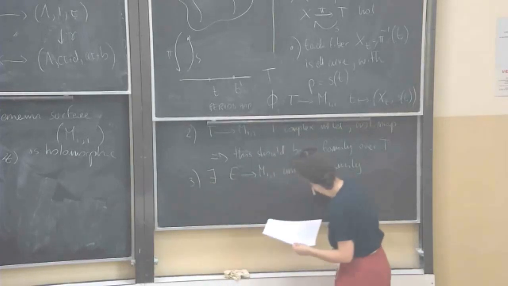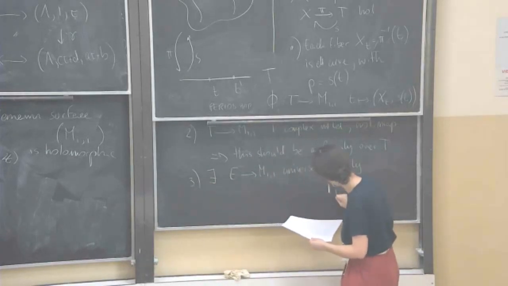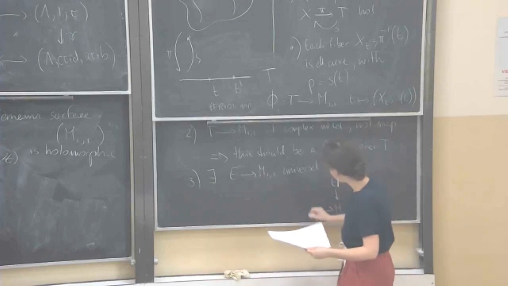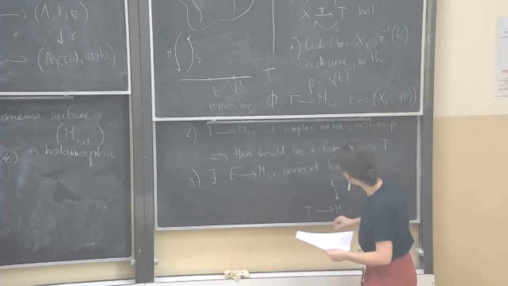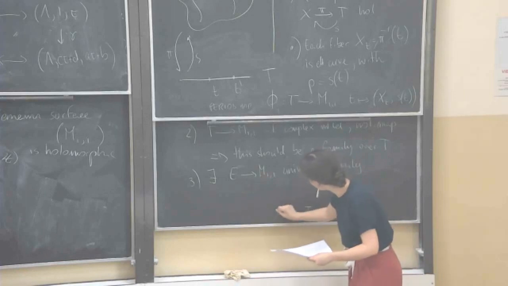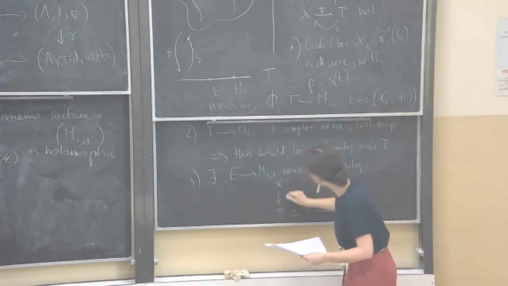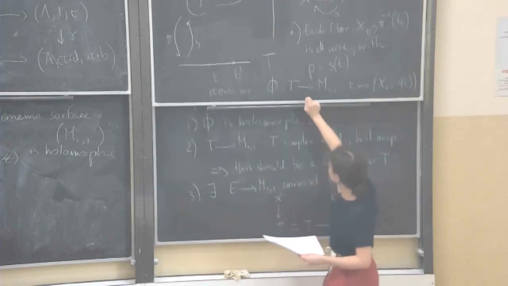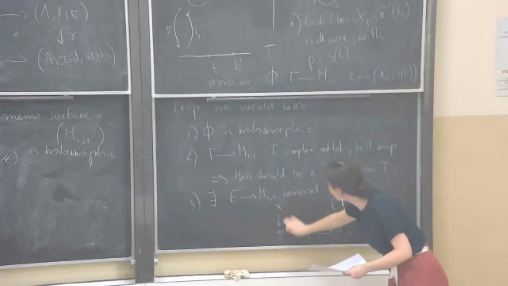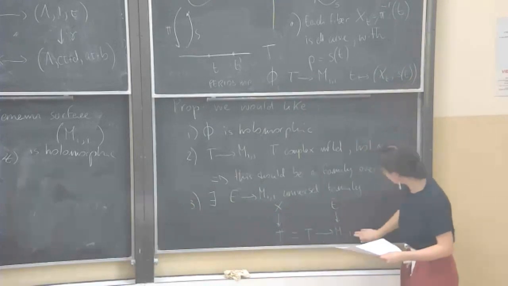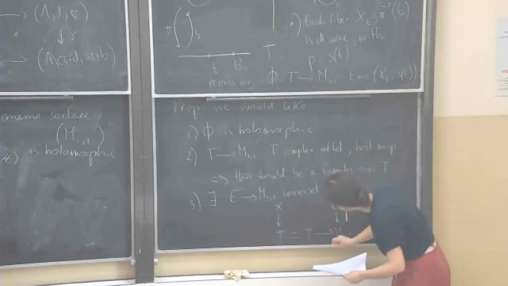So you have these diagrams. Number one. Here you have any map P, and this. So here you have some P X. Here we have any holomorphic family. Here we have our universal family.